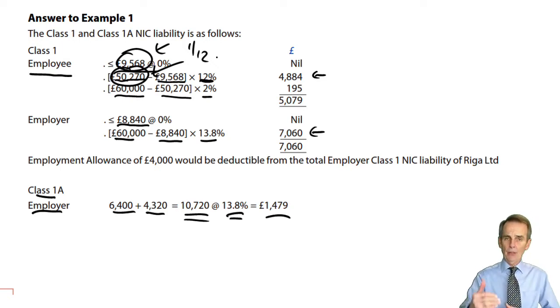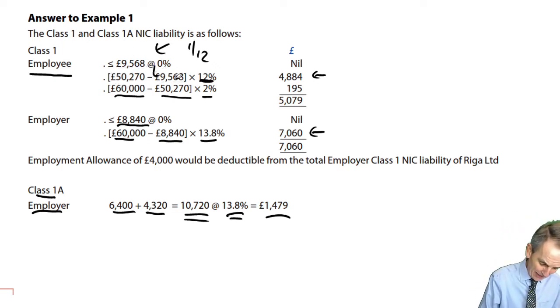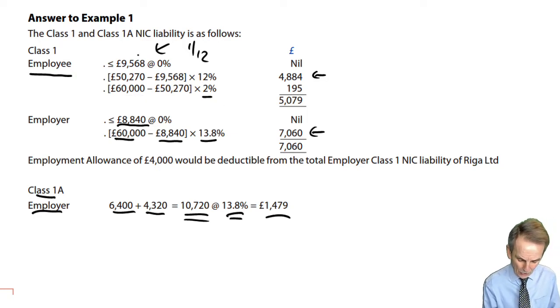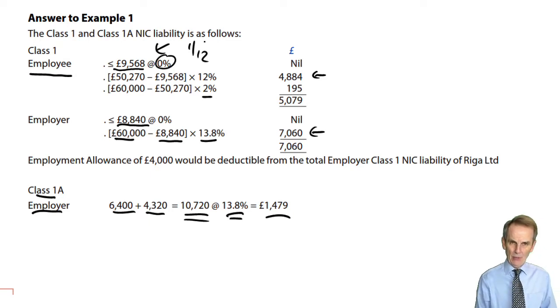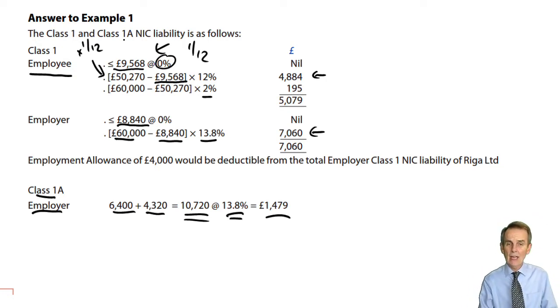And for the month up to that level, 1/12 of 9,568 would be taken at 0%. So that would go into this calculation. And then 50,270 would again be times 1/12, and you take that as your upper figure.